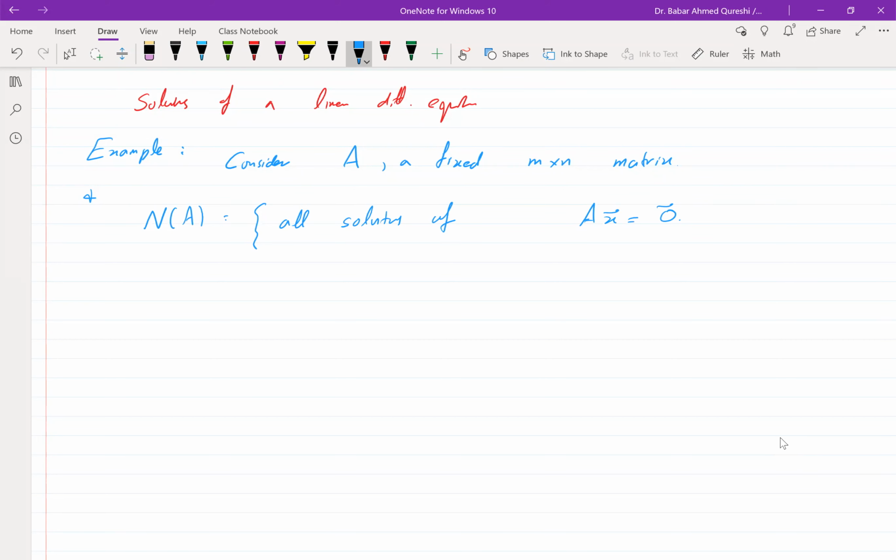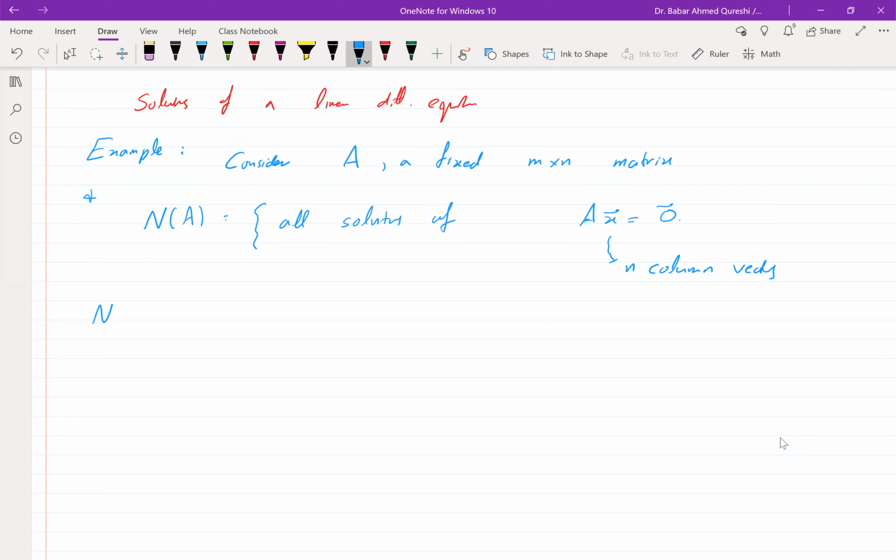So A is a matrix m by n, so it can act on an n column vector, right? So these are n column vectors. And I'm collecting all the n column vectors which satisfy this equation.